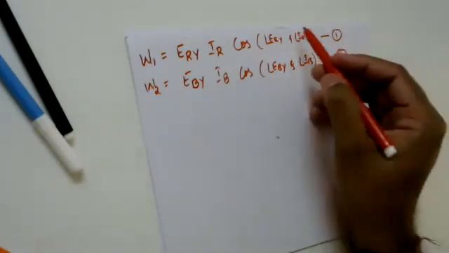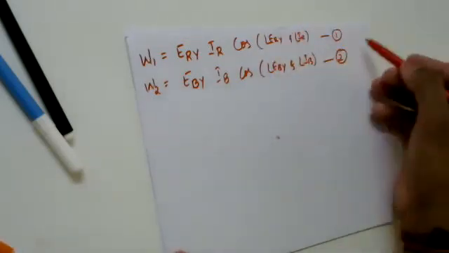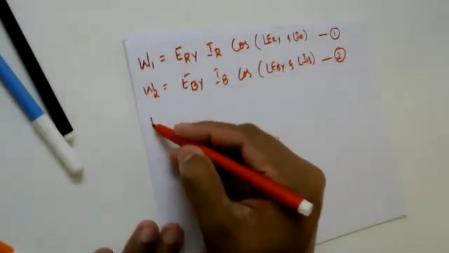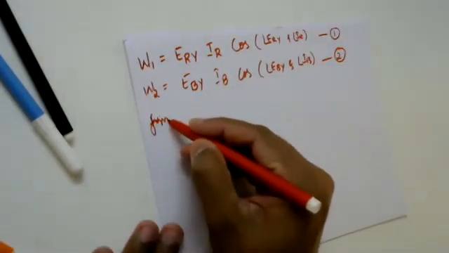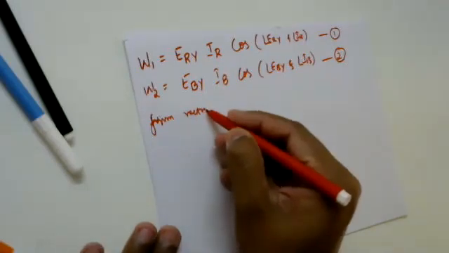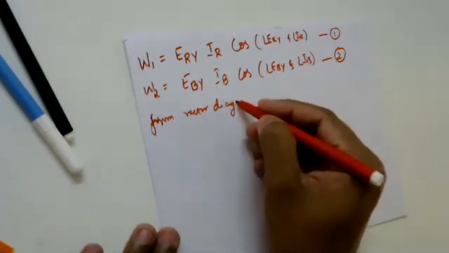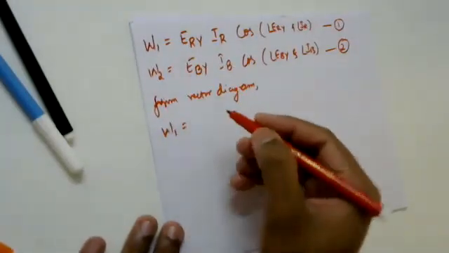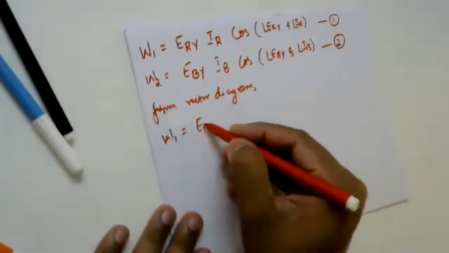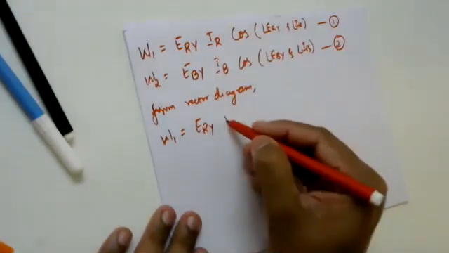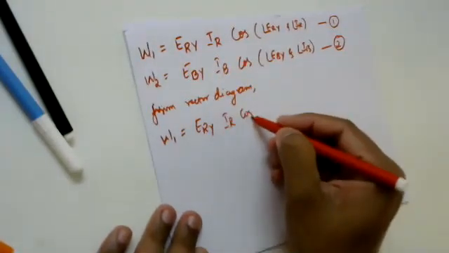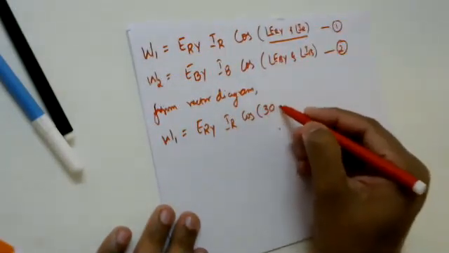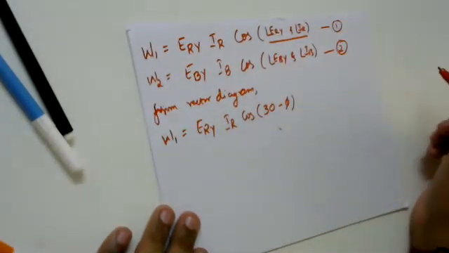Now since we are able to identify these angles, we can update equation 1 and equation 2. From the vector diagram, I can write W1 as ERY as it is, IR as it is, cosine of angle. What is this angle? It is found to be 30 minus phi.